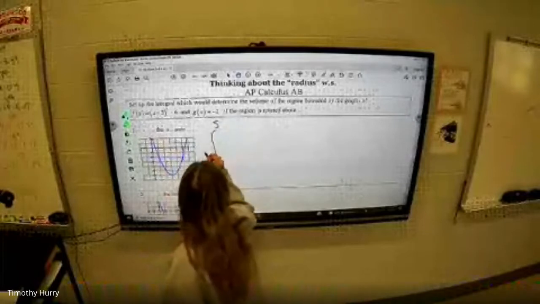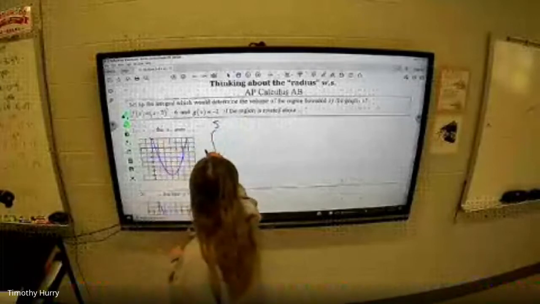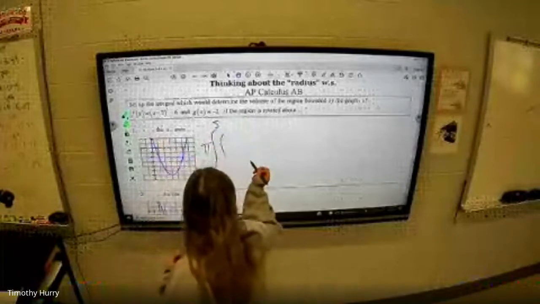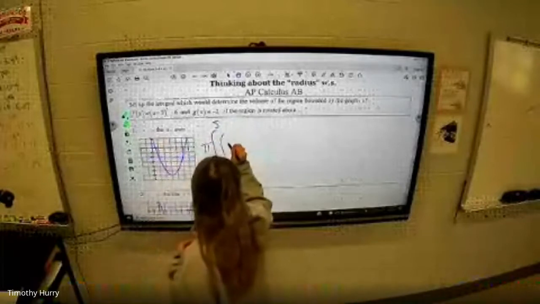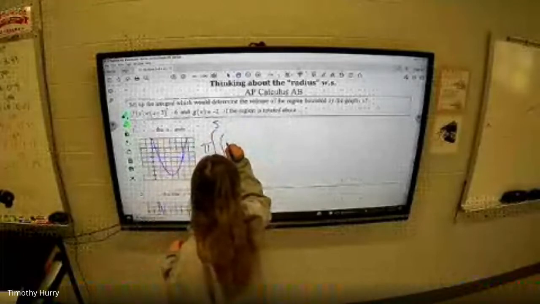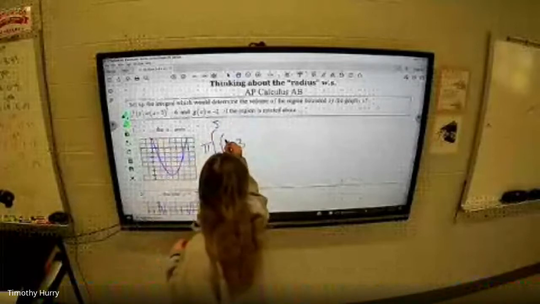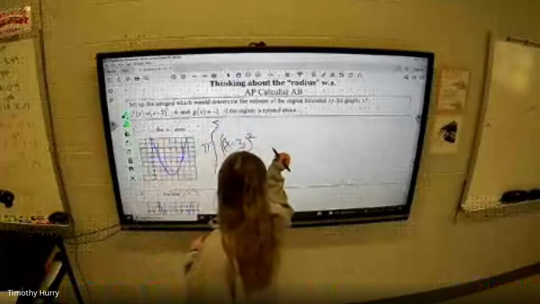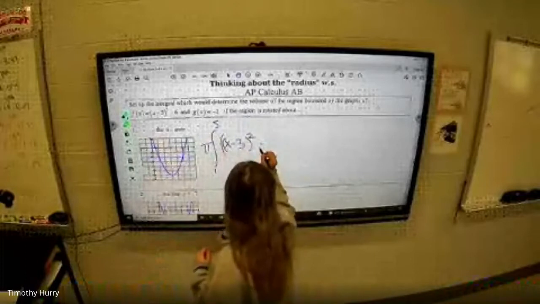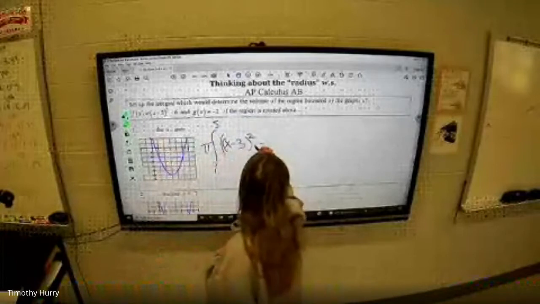Okay, and then, wait, it's the R's. Don't forget the minus 6. It's kind of hidden. Yes.